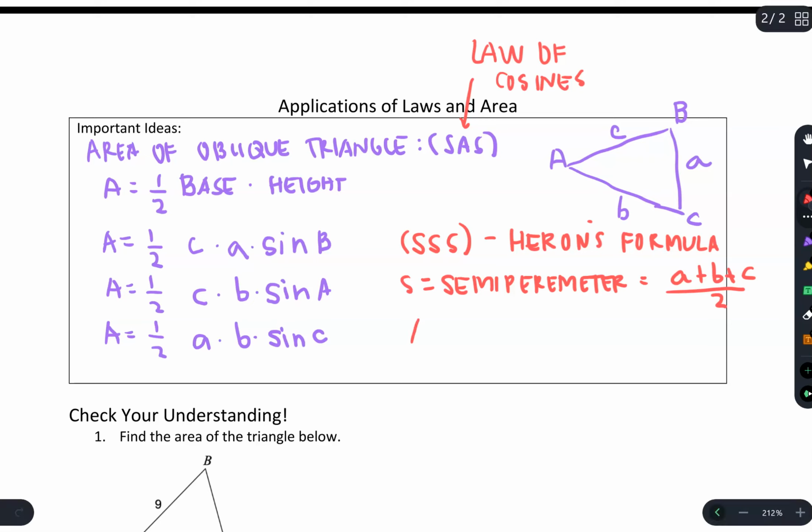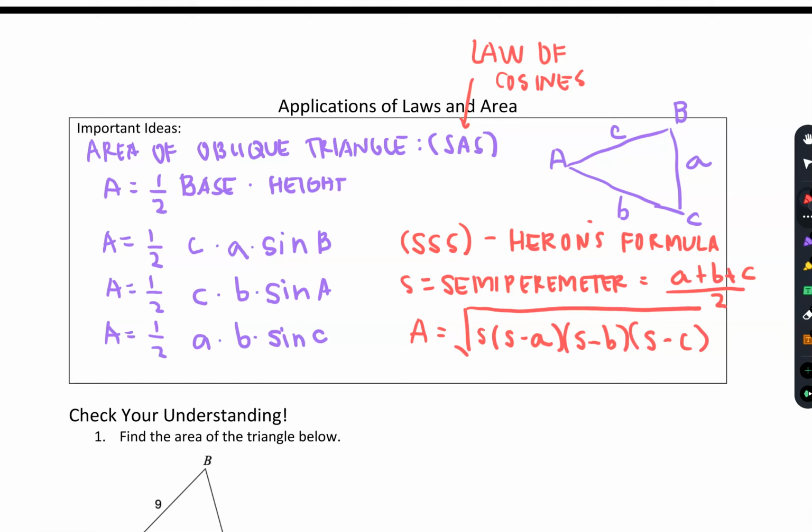My area is then going to be the square root of the semi-perimeter times the semi-perimeter minus one of my sides times the semi-perimeter minus the other side times the semi-perimeter minus the last side. And that would be my area. Okay.